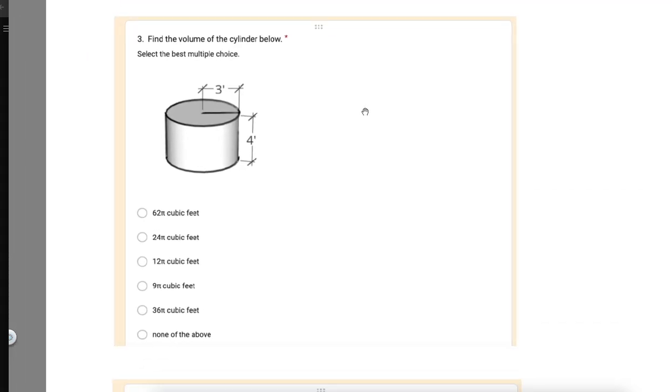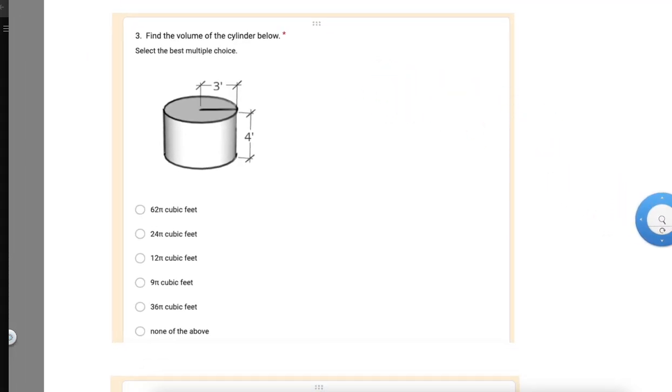Find the volume of the cylinder below. Just think about this, we know the volume is the footprint times the height. 3 here is the radius, and the height is 4. So this is the area of a circle, which is pi r squared, times h.